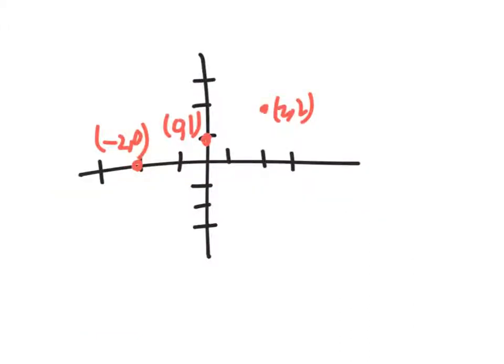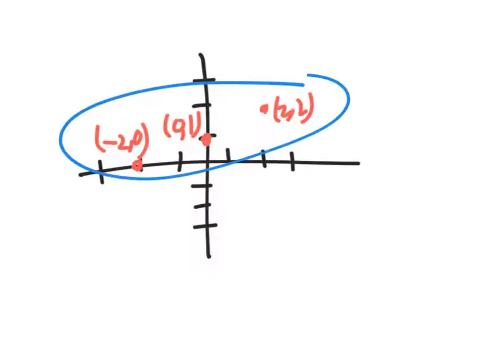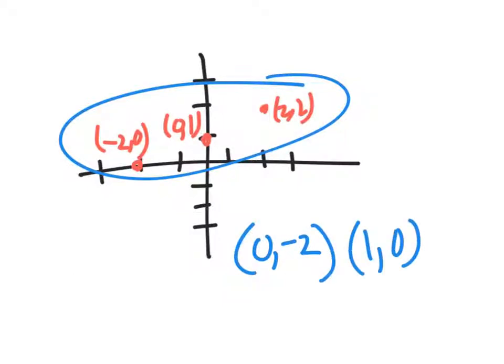So let's say I gave you those three coordinates, negative 2, 0, 0, 1, and 2, 2. Let's say I told you to find the inverse of those coordinates. Well, it'd be simple. The inverse would simply be 0, negative 2, 1, 0, and 2, 2, because if you switch 2, 2, it's still going to be 2, 2.